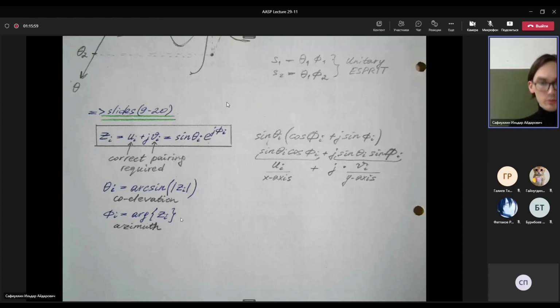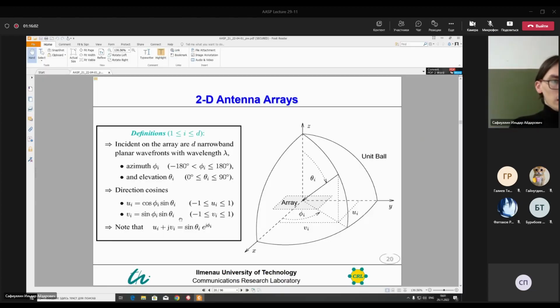So let me check. Sine times sine, it is v. Sine times cosine, it is u. Yes.